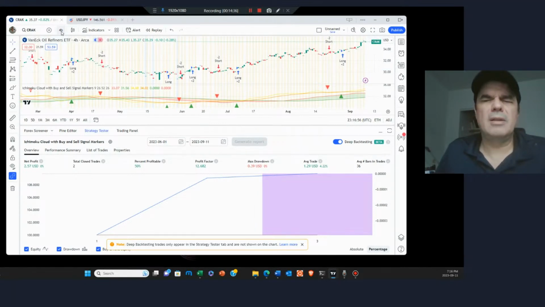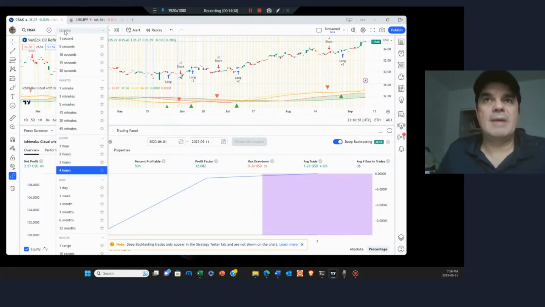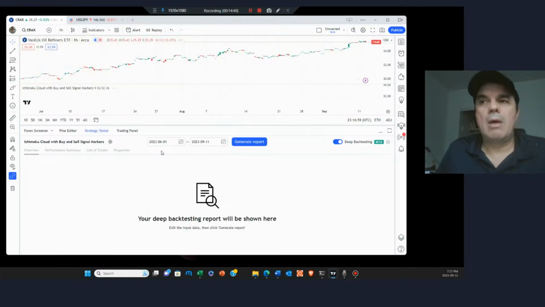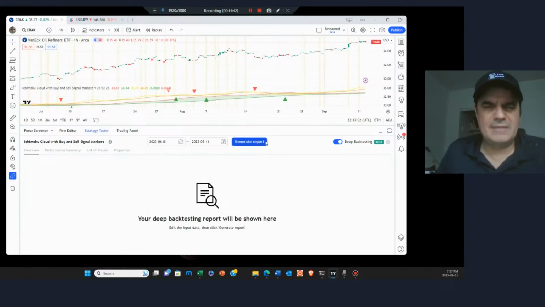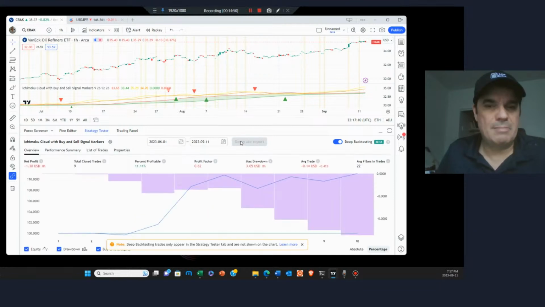All right, so let's take a look at another one. Time frame here, one hour. So these ETFs can be traded like a stock. Same fee structure if you're going with Interactive Brokers. Plus, you have to pay the management fee on top of it. But 9 trades, 11 percent profitable, profit factor of 0.6 versus what I showed you before.